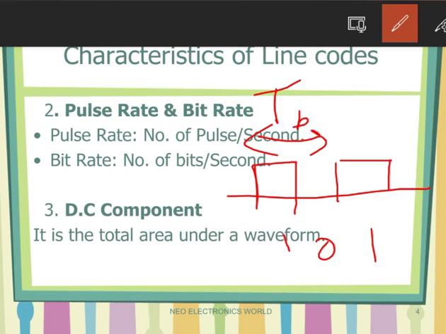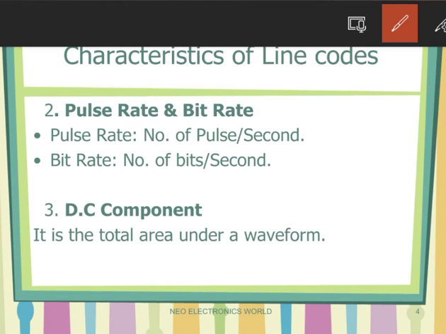So the pulse rate will be 2 by TB, that is, 2 pulses are there in one time interval TB. It's very easy, only a fundamental thing. I don't have to explain more about that.